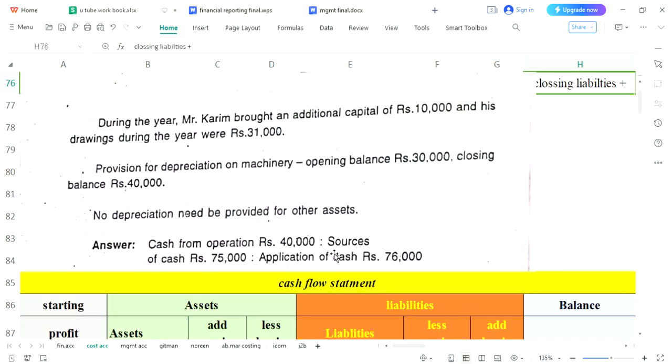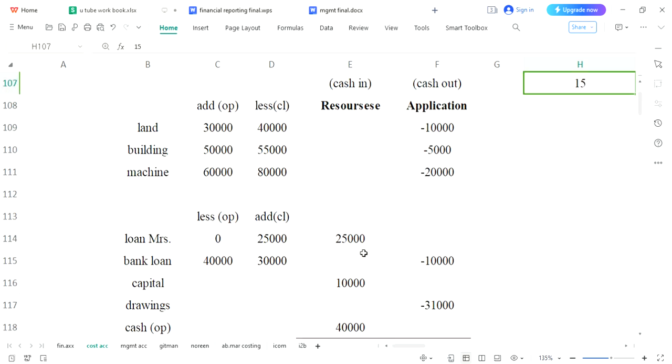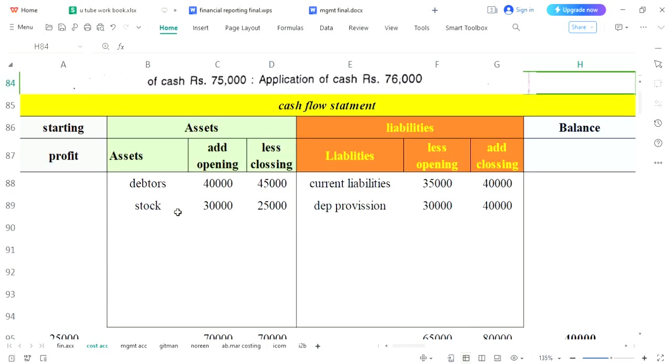Secondly, first you calculated resources. And how have you calculated your resources? You have seen opening fixed assets and closing fixed assets. Signs are the same, add or less. If you get a minus sign, that would be application. If you get a plus sign, that would be resources. All signs are absolutely similar. You have pasted your sign over here.